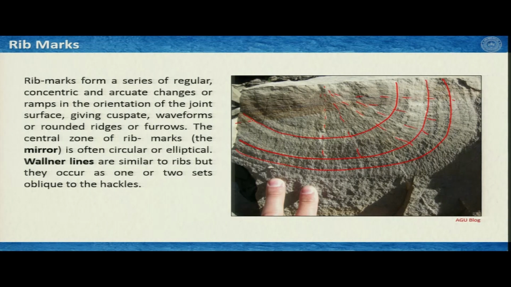Now, do not focus on these planes, these are most likely the marks of the water. So, this has nothing to do with structural geology or tectonics, but these are rib marks in this joint surface. Now, not necessarily do you see both rib marks and plumose marks at the same time.